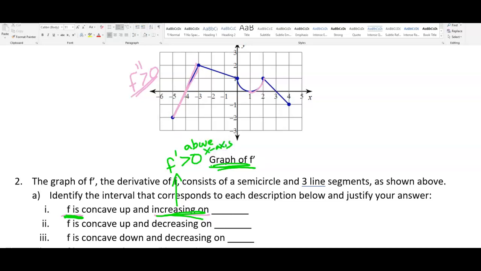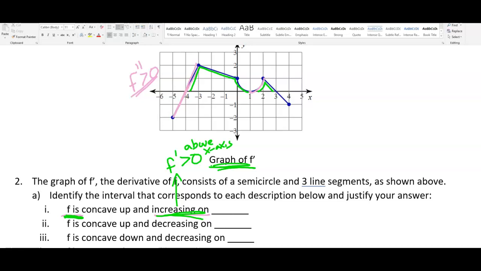So anywhere where this line is above the x-axis is a place where f prime is greater than 0, and therefore f would be increasing. So here is above the x-axis, here is above the x-axis, and here is above the x-axis. In fact, almost all of it is. Just those two legs on the far left and right are not.